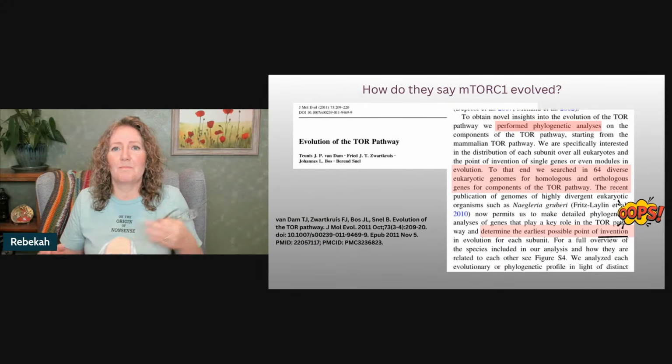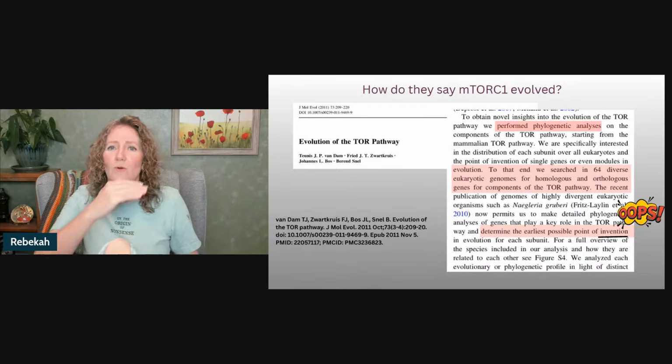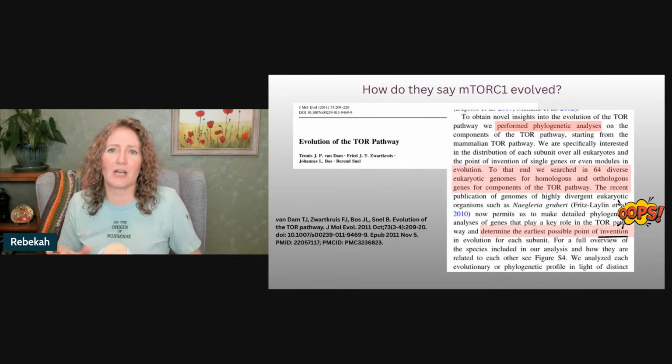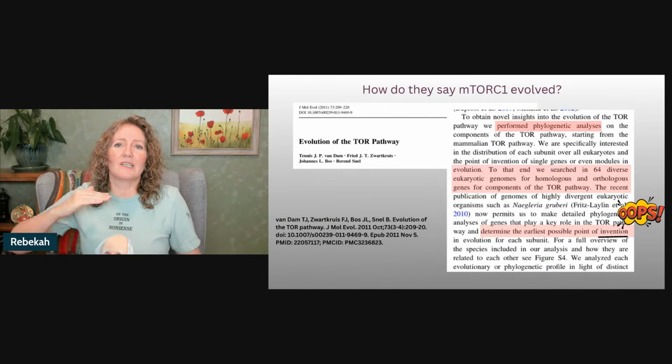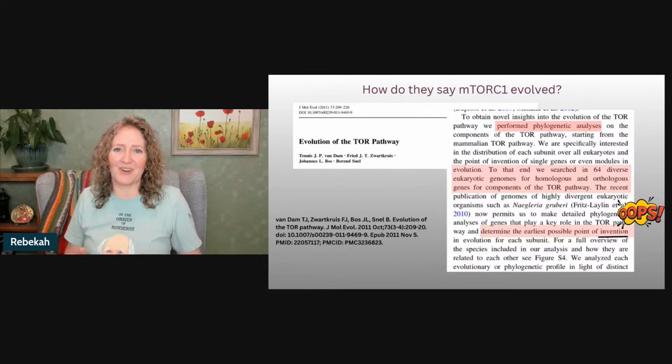And then because they have the idea that one organism evolved into another organism and we all shared a common ancestor, they will line up what they think happened first, second, third, based on the comparisons between organisms.